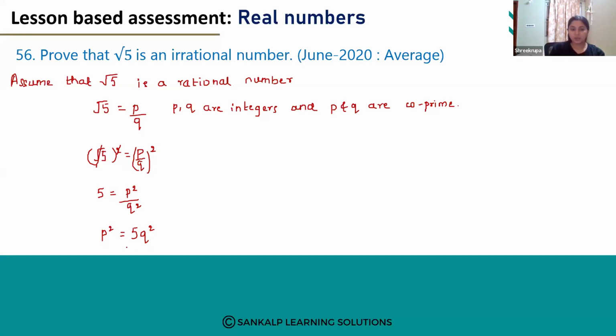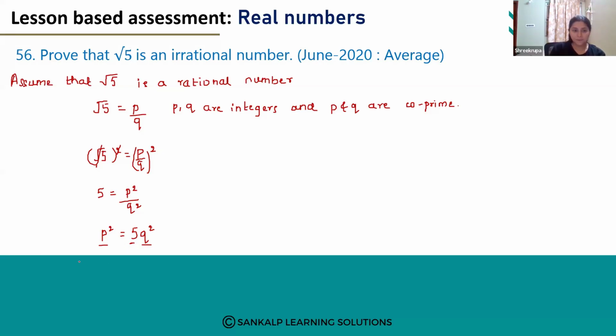If you look at this equation, P square is equal to 5 into some number Q square. So 5 is one of the factors of P square and Q square is another factor. Together, their product will be equal to P square. So these are the factors of P square.